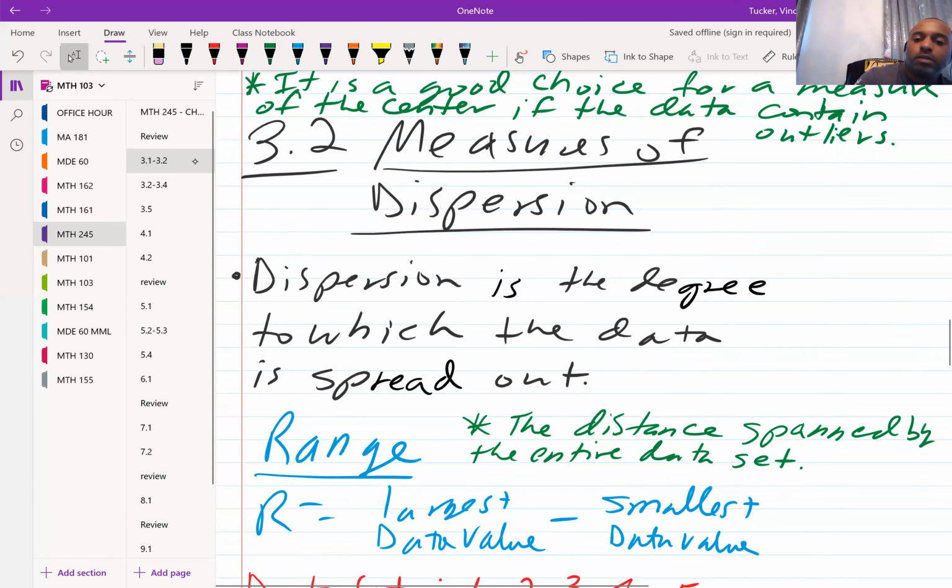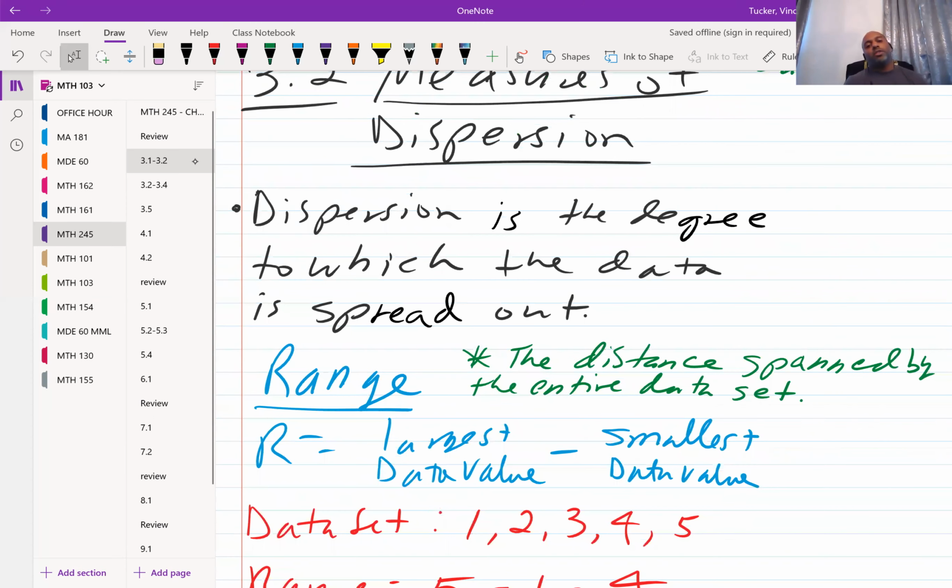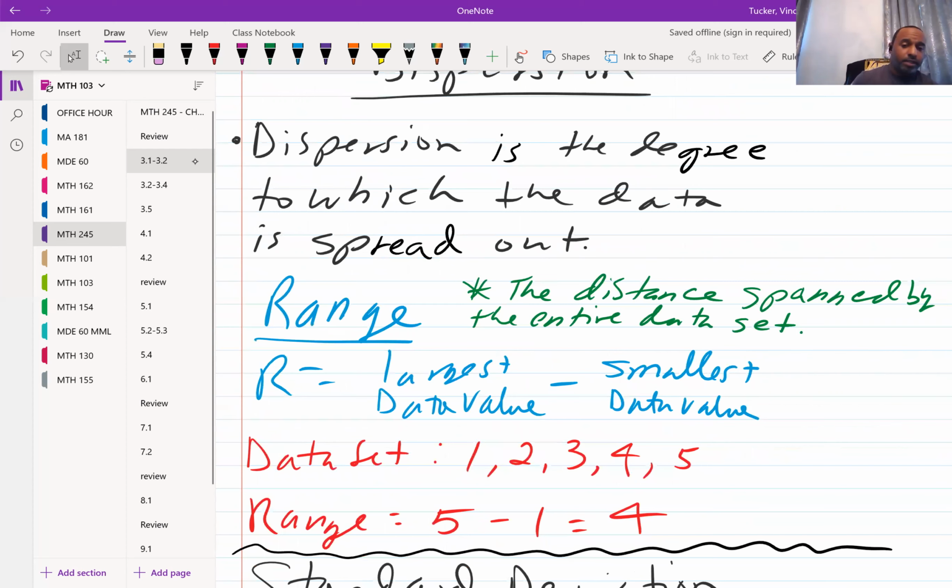The range is the first thing that they talk about in this section as far as calculation is concerned. To find a range, you would take the largest data value and subtract the smallest data value of your data set. So your range is the distance spanned by the entire data set. If I have the data values of 1, 2, 3, 4, 5, I would take 5, subtract 1, and the range will be 4.